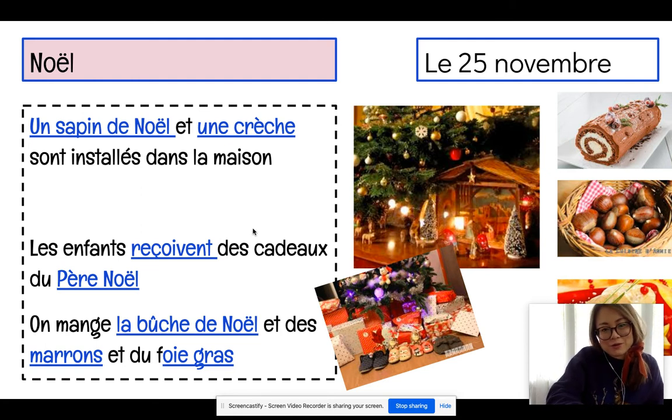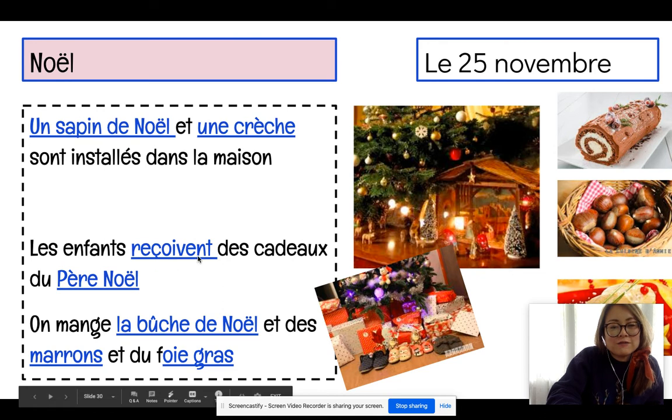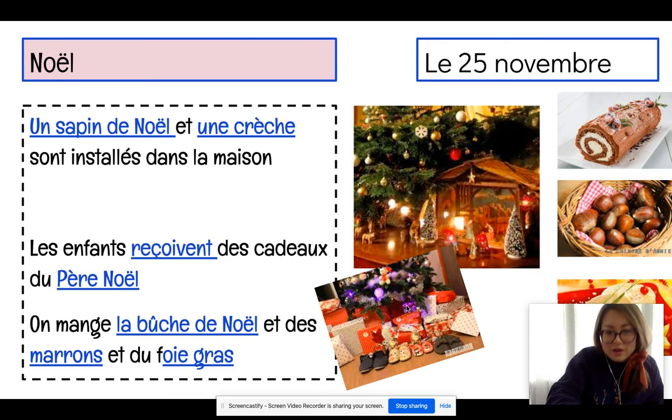Un sapin de Noël et une crèche sont installés dans la maison juste pour décorer la maison pour Noël. Les enfants reçoivent des cadeaux, bien sûr, du Père Noël. So if you look at this picture here, it looks familiar to what we would do in the United States. Kids reçoivent, that comes from the verb recevoir, to receive, presents from Père Noël, that's Santa.